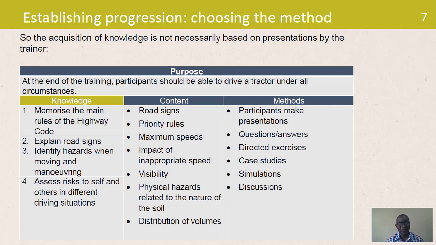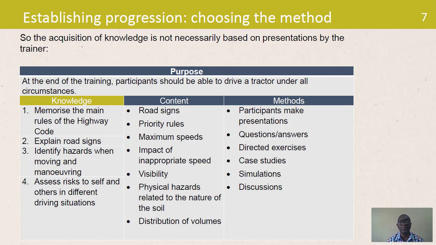Purpose or goal: at the end of the training, participants should be able to drive a tractor under all circumstances. Under knowledge: memorize the main rules of the highway code. Explain road signs. Identify hazards when moving or maneuvering. Assess risks to self and others in different driving situations.